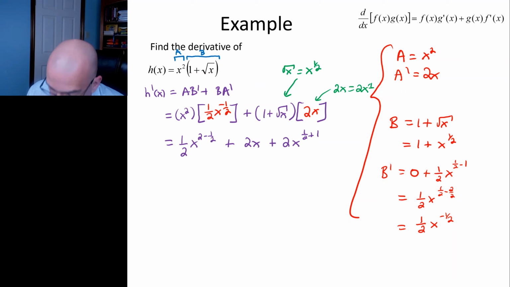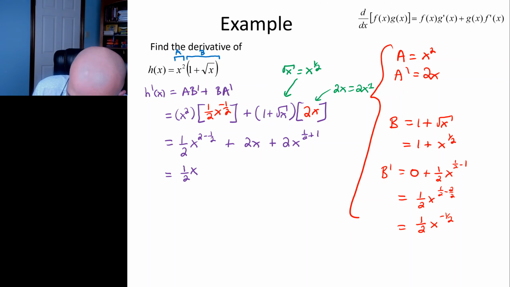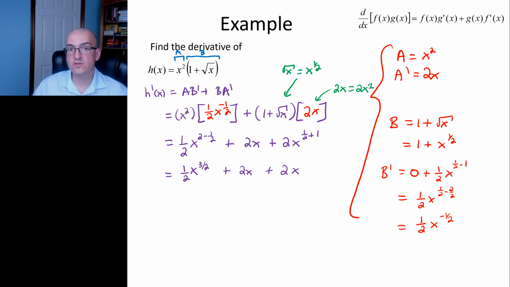So I use those two conversions when combining the powers. Okay, let's simplify. 2 minus 1/2 is 4 over 2 minus 1 over 2, so it's x to the power of 3 over 2, plus 2x plus 2x to the power of also 3 over 2. 1 over 2 plus 1 is 1 over 2 plus 2 over 2, so 3 over 2.